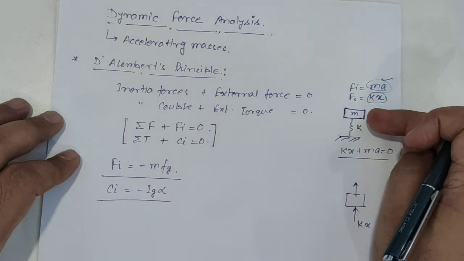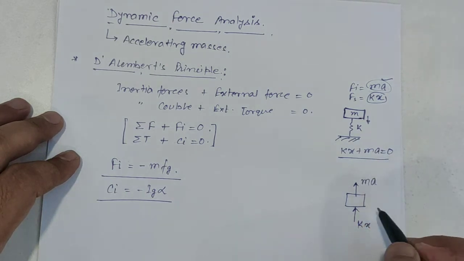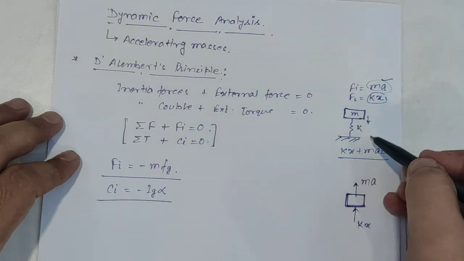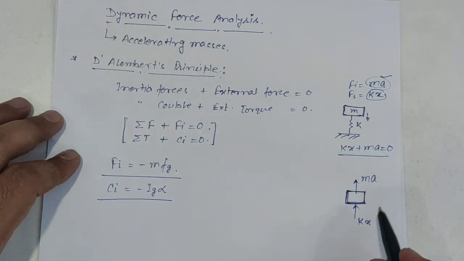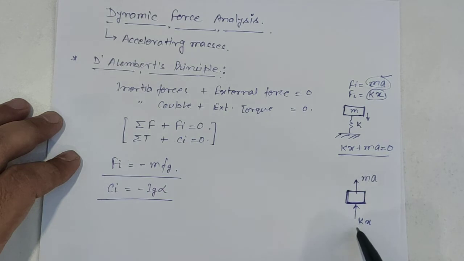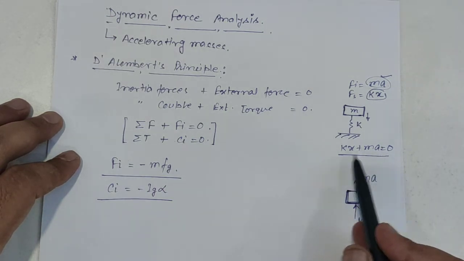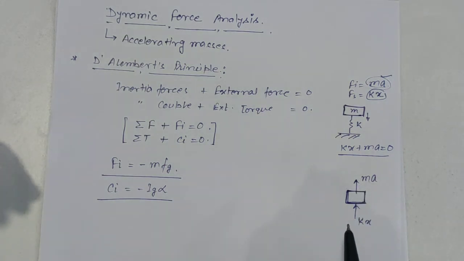If the body is moving downward, then the inertial component will act in the upward direction, because the body is moving downward. So both forces are acting in the upward direction, kx plus ma equals 0. Why is it 0? Because we have converted the dynamic equilibrium system into a static equilibrium system.